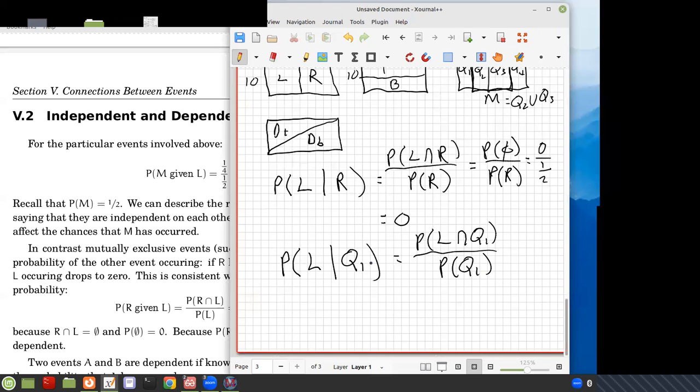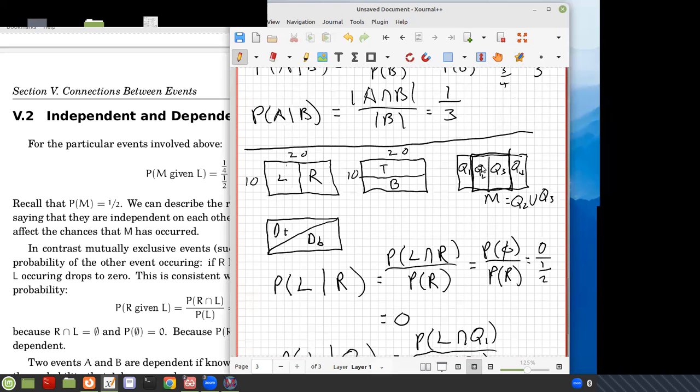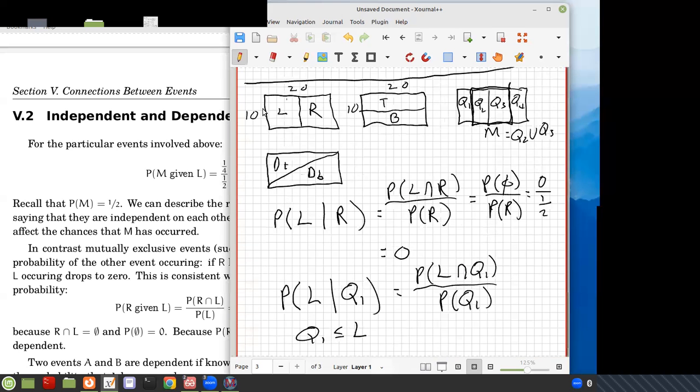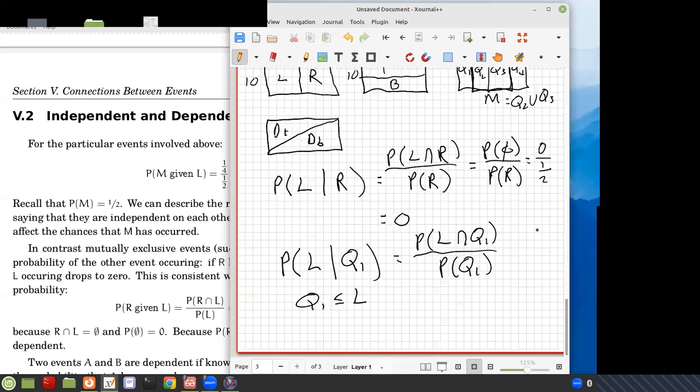Now, the curious thing about Q1, this first quarter, is that as an event it's a subset of L. So if I take things that are in Q1 that are also in L, that's just going to be Q1.